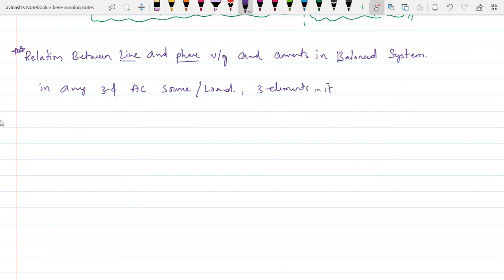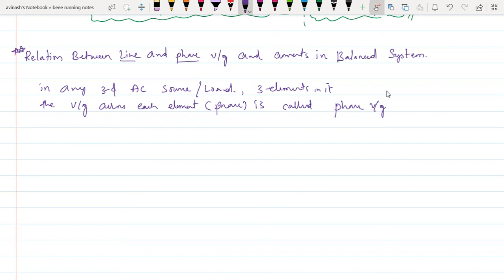The voltage across each element, meaning each phase, is called the phase voltage.